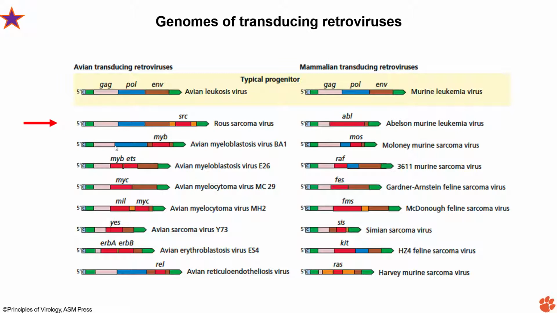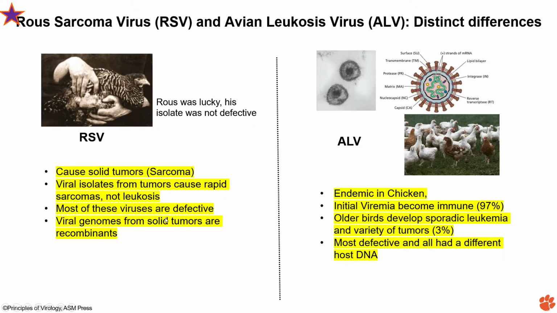So basically, just remember that there are a couple of things but the question will basically ask that here you can see there is initial viremia, older birds develop leukemia, sporadic, and a couple of different things, that both of them are plus sense RNA viruses. I have already said that they're retroviruses.